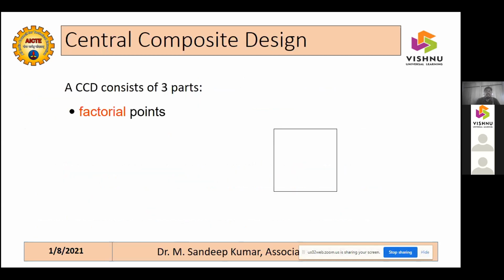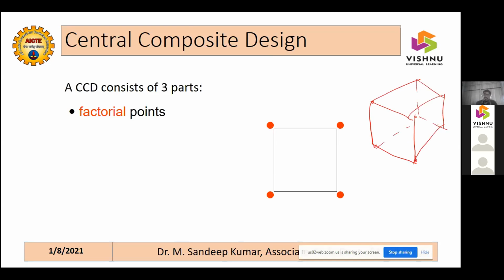Let us start with central composite design. I don't know how many of you are familiar with this design. Anyhow, in the coming slides this will be there. I'm trying to show you the search domain.